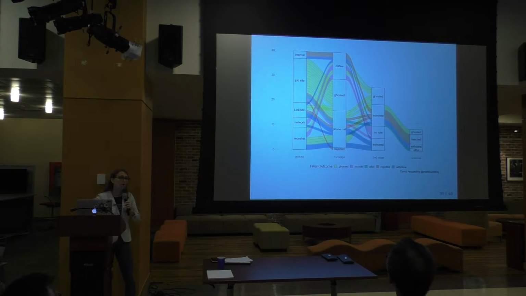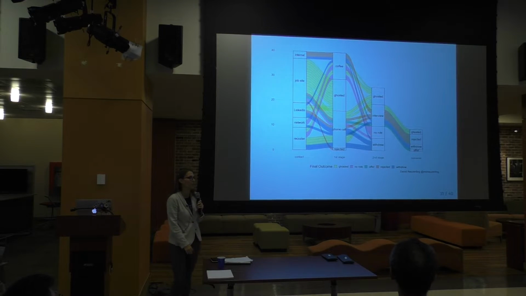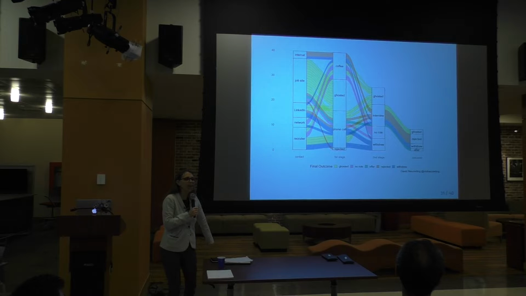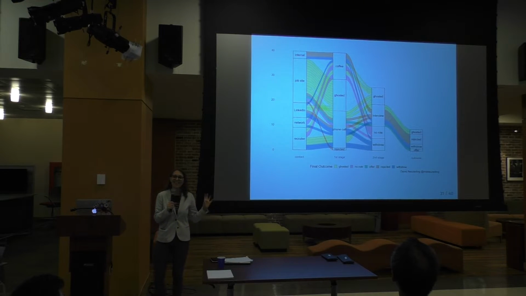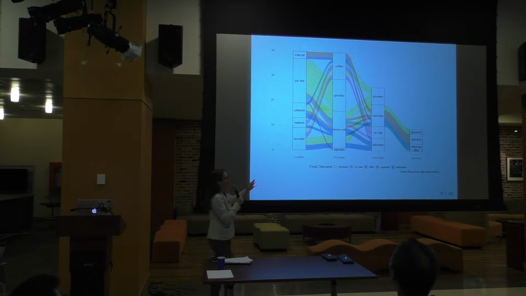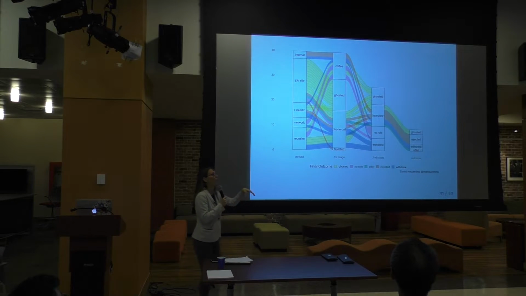I'm going to show you one more alluvial graph. I think this one was really cool. I saw it going around Twitter recently. This was made by David Newserling, and it was tracking his experience on the job market. So this is his first contact, the first stage, second stage, and the outcome of the interview process.